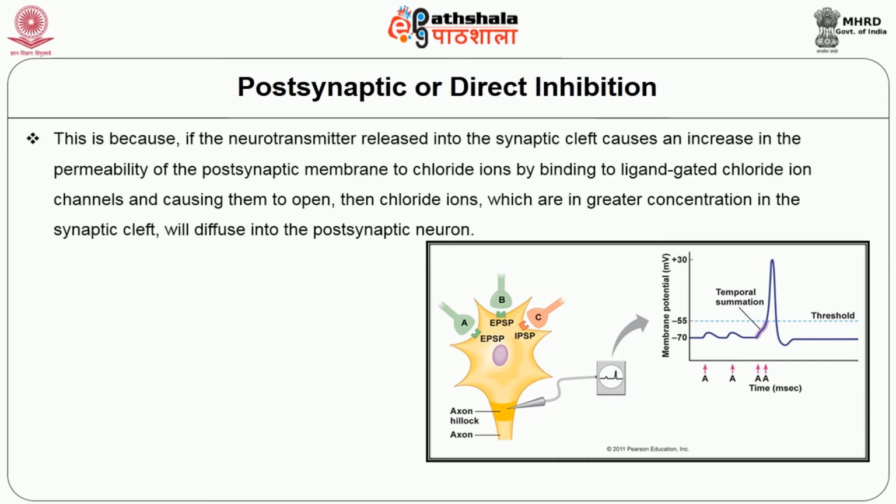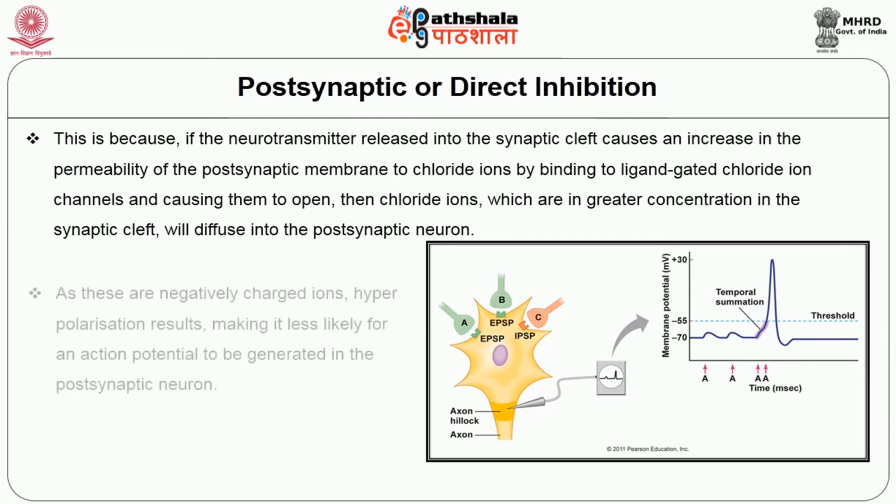This is because if the neurotransmitter is released into the synaptic cleft, it causes an increase in the permeability of the postsynaptic membrane to chloride ions by binding to the ligand-gated chloride ion channels and therefore causing them to open.